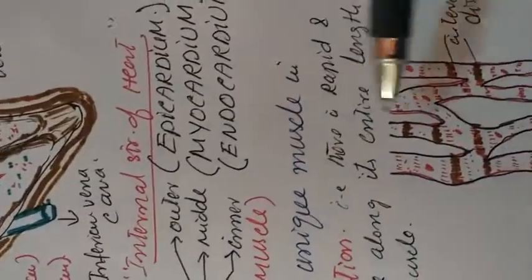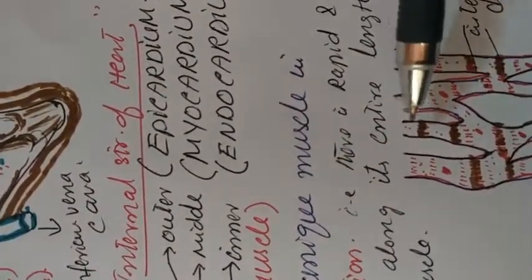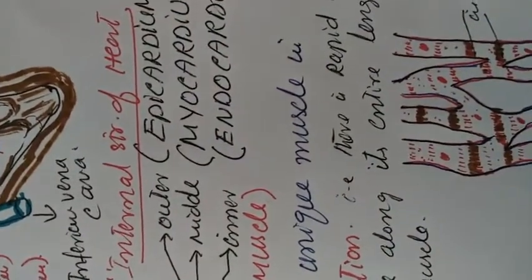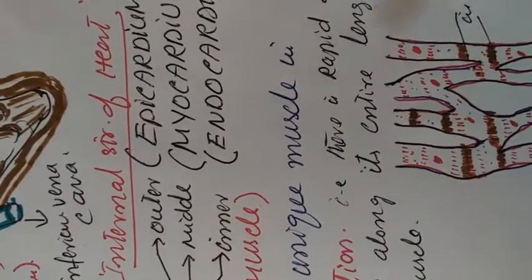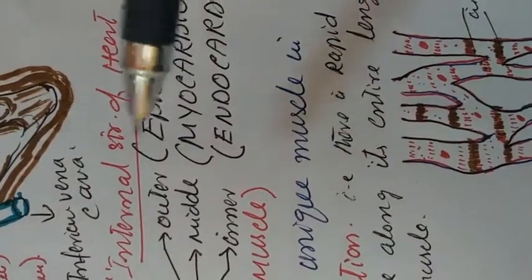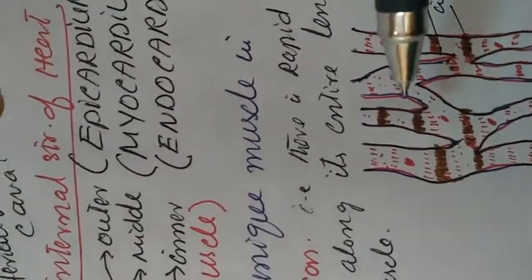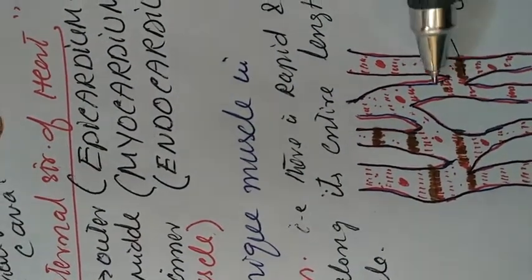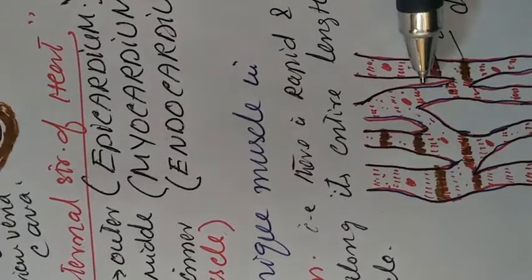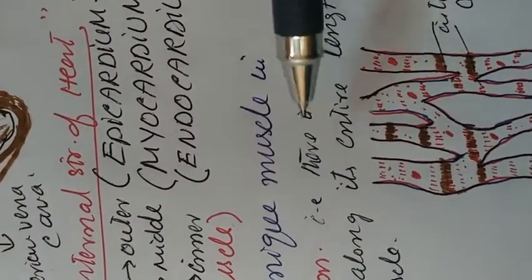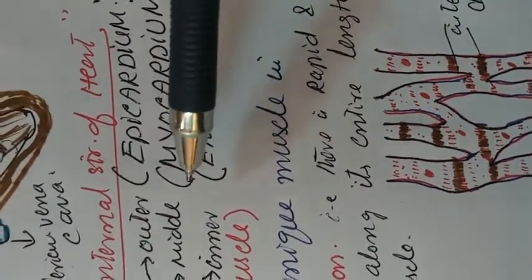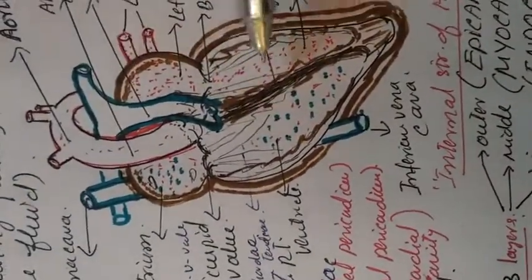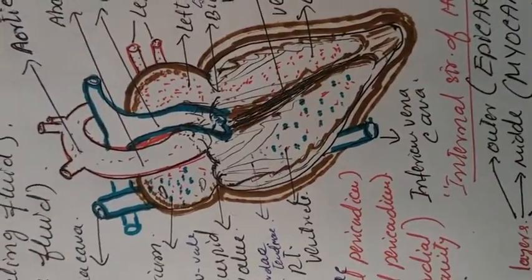As you will recall, you have already studied the cardiac muscle in body organization, along with different types of muscles, which include skeletal muscle, cardiac muscle and smooth muscle. Here is a sketch of cardiac muscle, which shows these intercalated discs, because of which the cardiac muscle is syncytium in function. Now after this we will look at the internal structure of the heart.